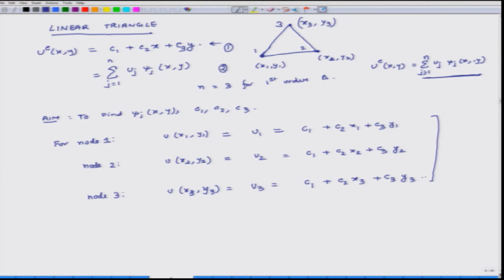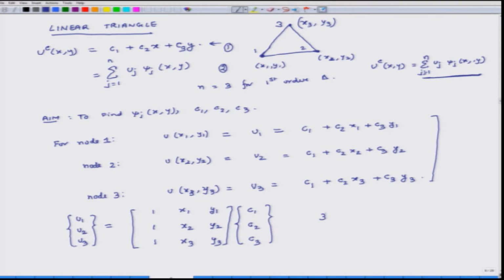I can express these three equations in matrix form: u1, u2, u3 equals the matrix with rows 1 x1 y1, 1 x2 y2, 1 x3 y3, times C1, C2, C3.